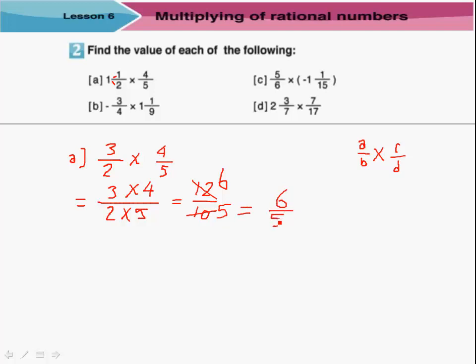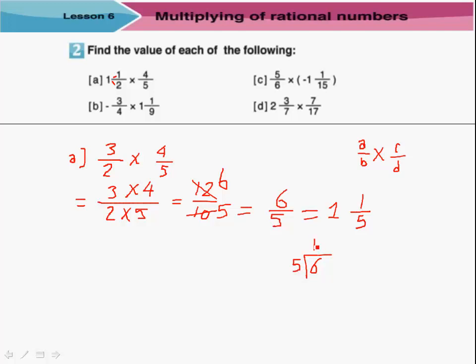6 is bigger than 5. The numerator is bigger than the denominator. So we use the scientific calculator for this division to get the integer number, which is 1, and the remainder will be 1. 1 in the numerator, and we have here the denominator. Or you can divide 6 by 5 in this way.